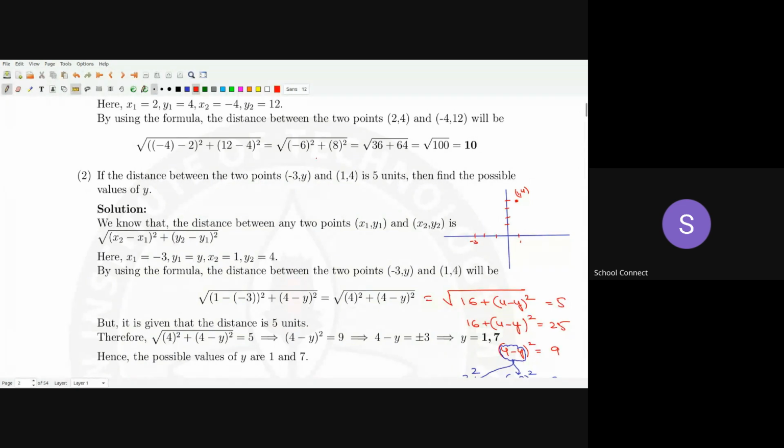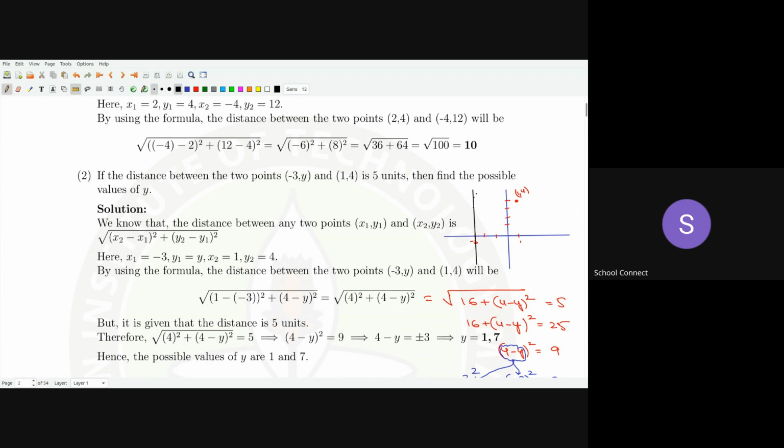That implies that point can be anywhere on this line. Yes or no? Any point you choose on this line, the x coordinate of that particular point will be minus 3 and there will be some y coordinate.